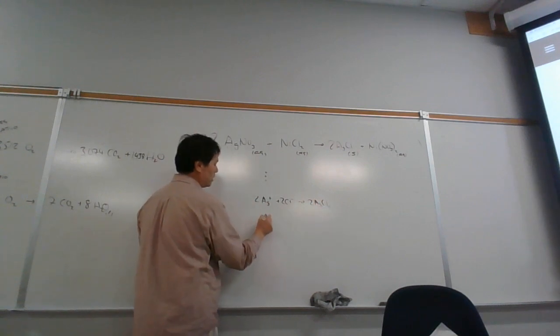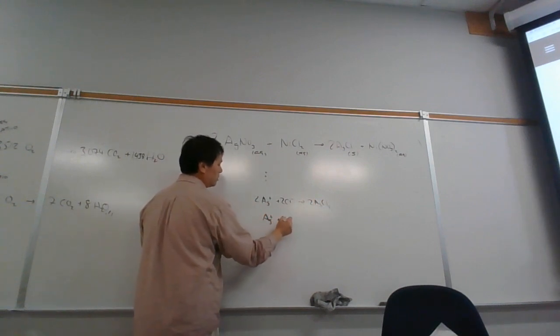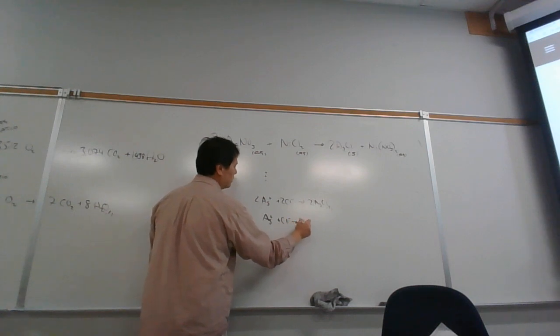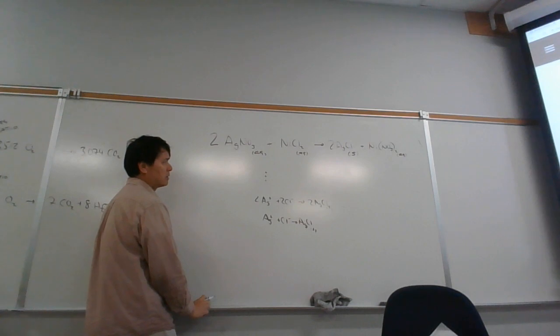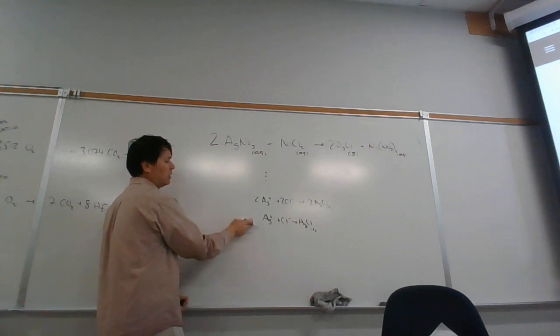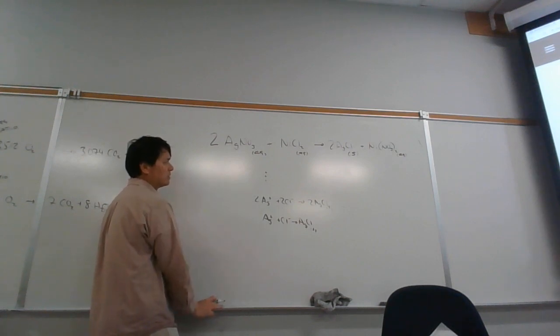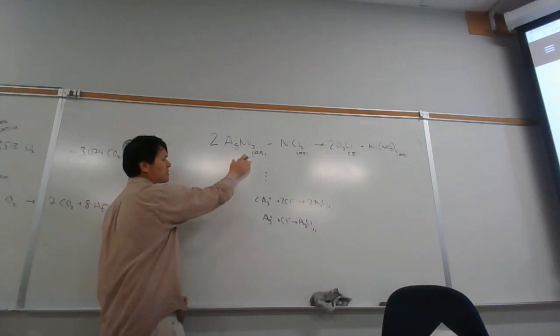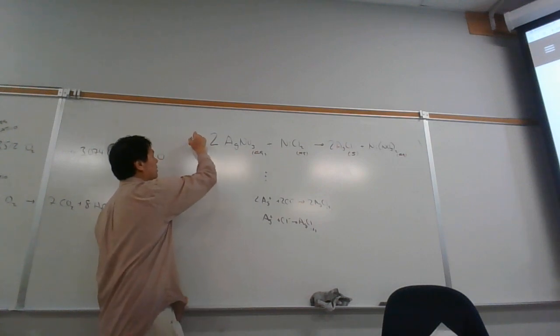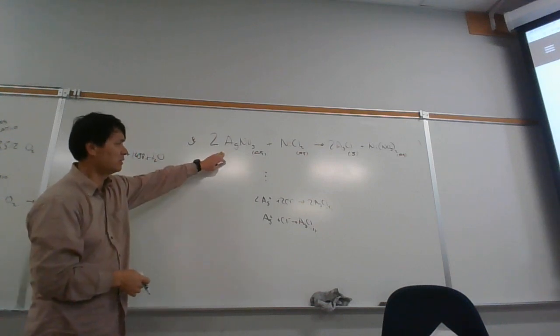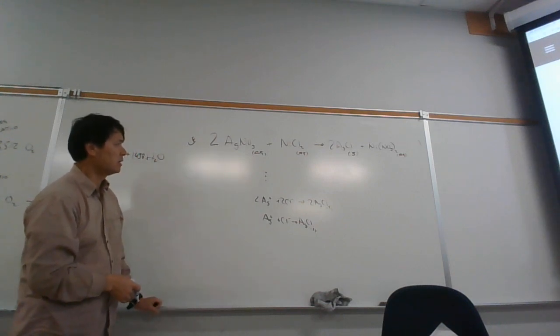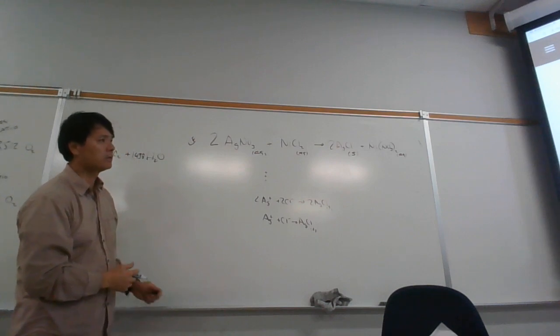Here we've already cut it down: silver plus chloride yields silver chloride solid, and everything else is a spectator and cancels out. But for stoichiometry, it's easiest to just go off the chemical equation, so typically we'll just leave it like this. It's a lot easier.